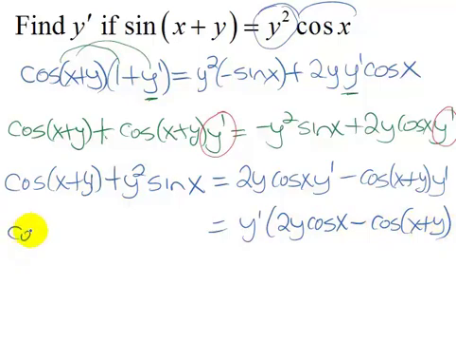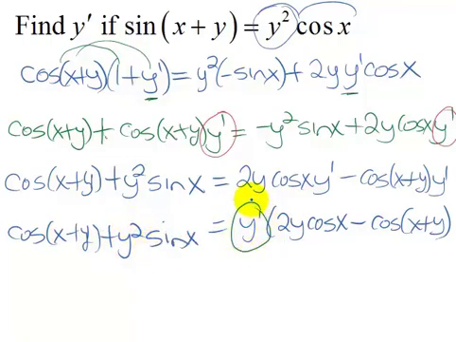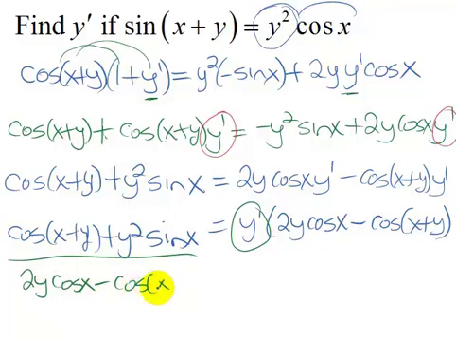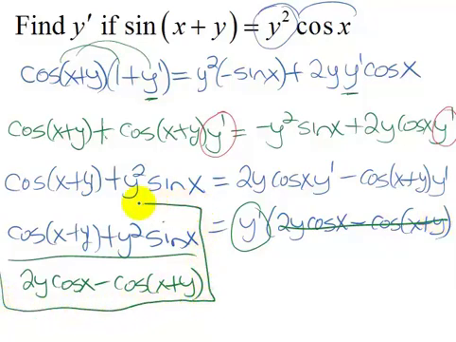And of course this other side doesn't change, and then we're going to be able to divide by this other factor so that we have the y prime by itself. So let's go ahead and divide by 2y cosine x minus cosine of x plus y. So our derivative y prime is this.